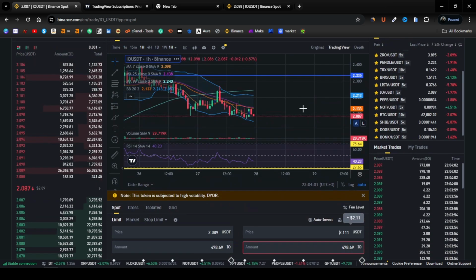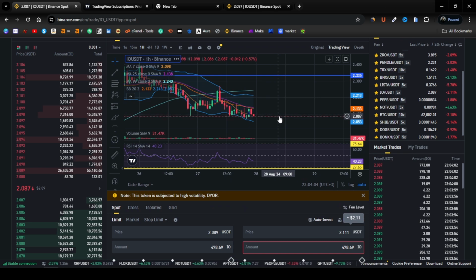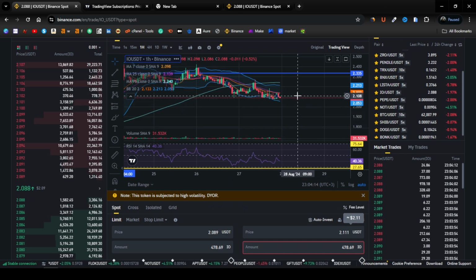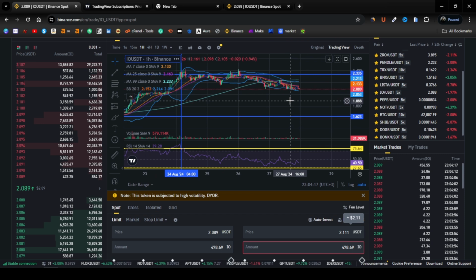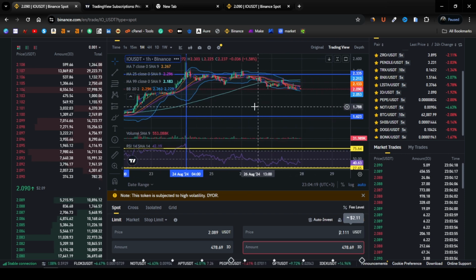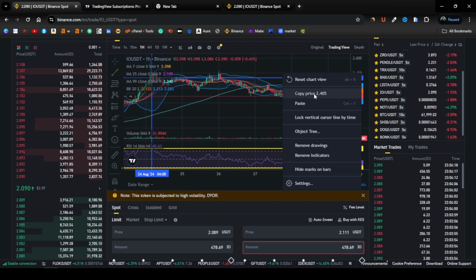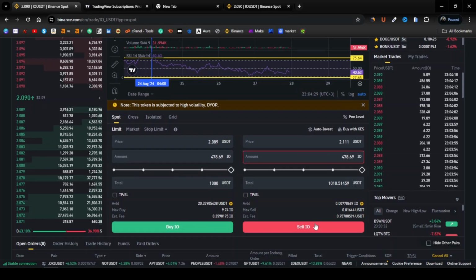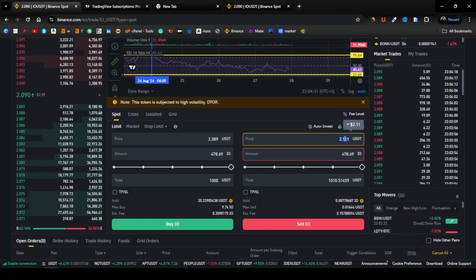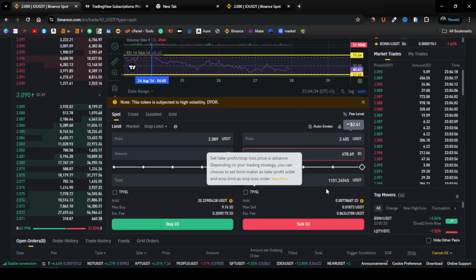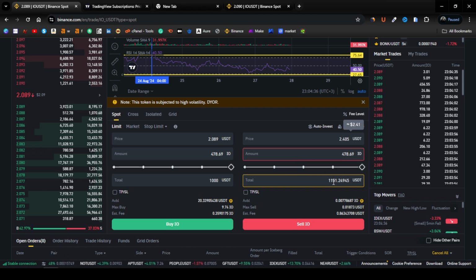Now you can see the current price is 2.087. I'm going to project that this price is going to come back high again, and let's say our target is around 2.4. We're going to copy this price, 2.4, and then paste the price here. So you can see this is a difference of $151. So that is around $151 profit.